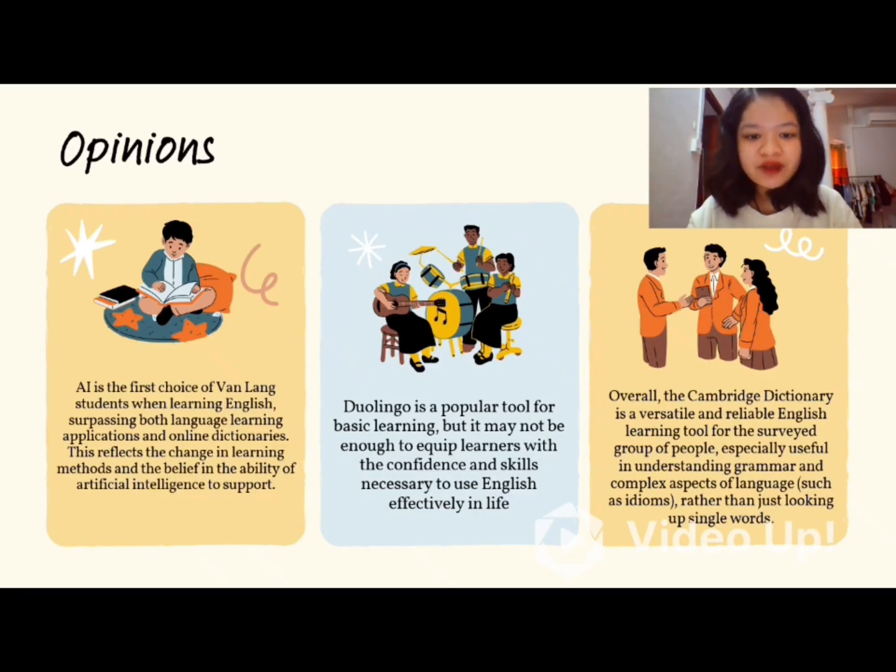Second, Duolingo is a popular tool for basic learning, but it may not be enough to equip learners with the confidence and skills necessary to use English effectively in life.